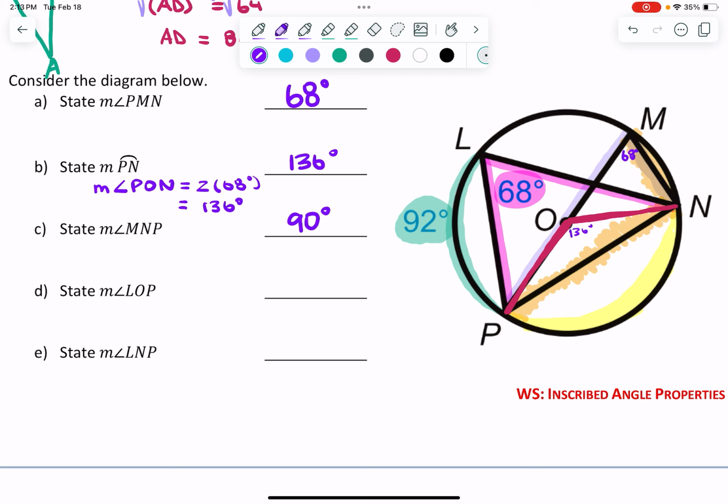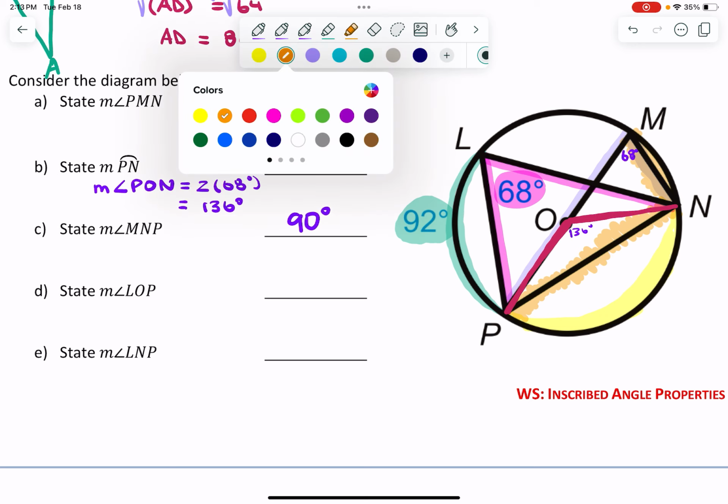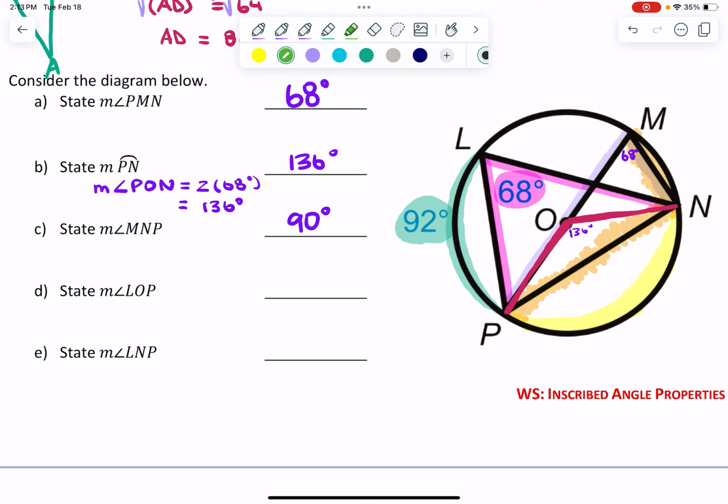Okay, 2 left. We can do it. Let's go, team. All right. Next, I need a new color here. I want to find the measure of angle LOP. Angle LOP isn't actually labeled on here, and it wasn't even drawn in.